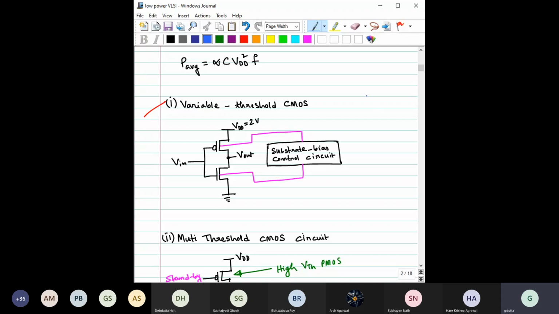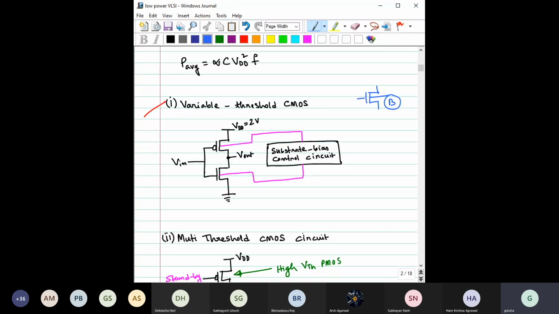However, we also know that a MOSFET has one more terminal, called the body terminal. If we change the body bias, then the threshold voltage of the transistor can be modulated. Here is a simple inverter, but in this inverter the bodies are not connected to the source.